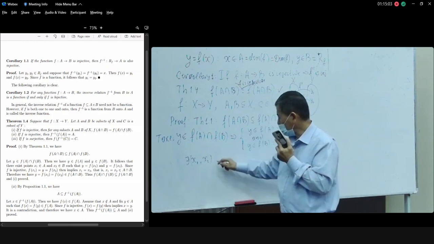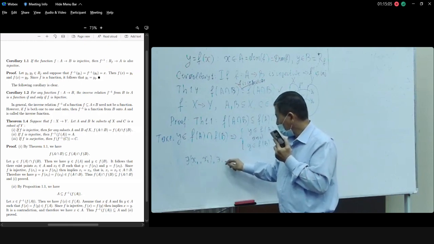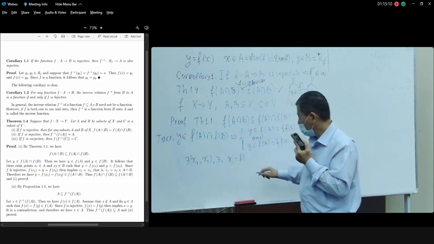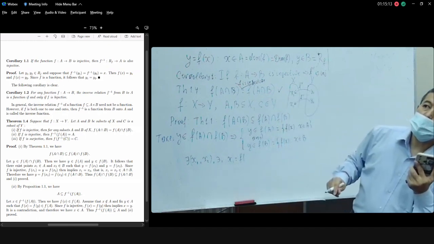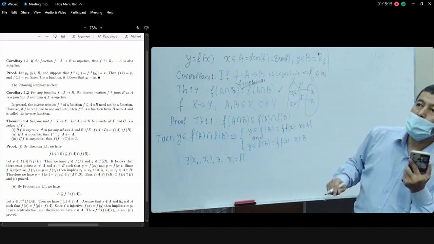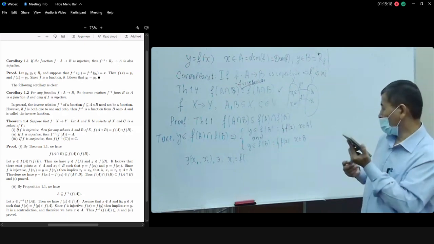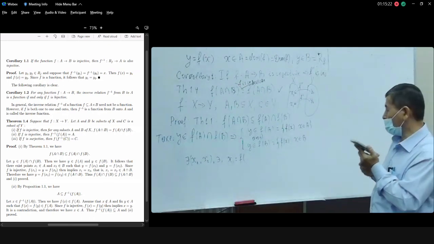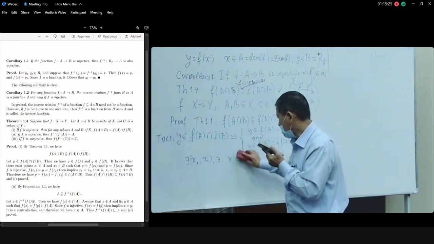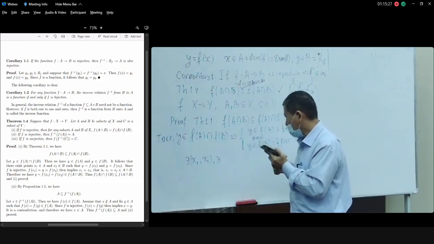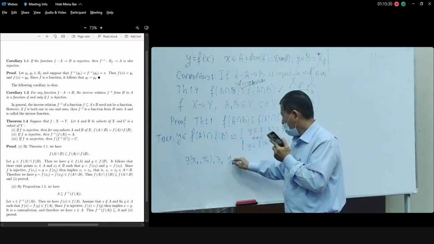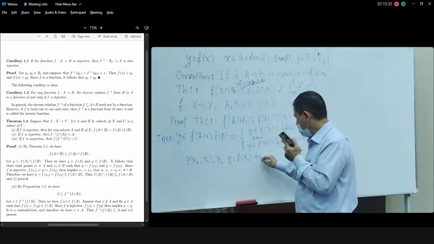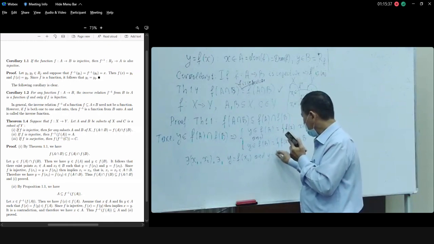So by definition, there exist x1 and x2 such that y equals f of x1 and y equals f of x2.